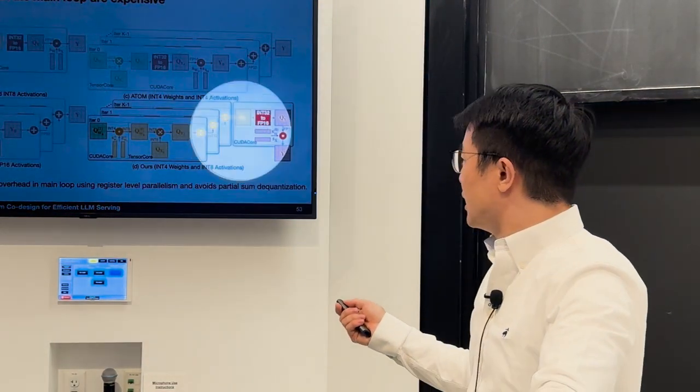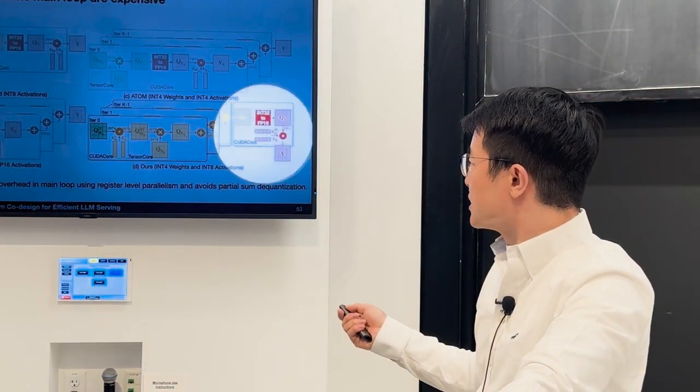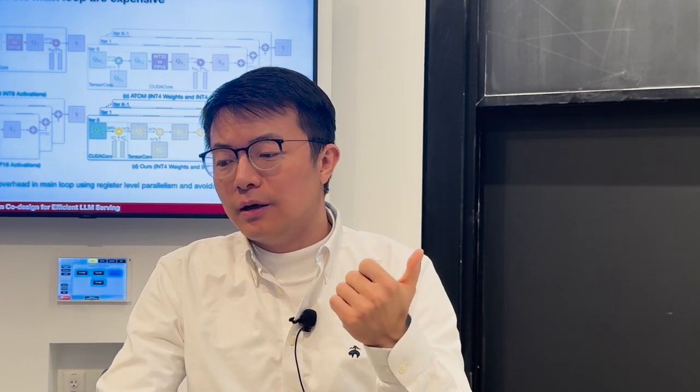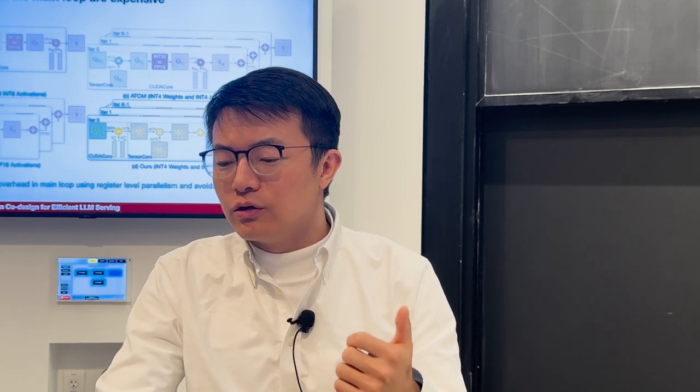Since this is outside the main loop, the processing is much more efficient. So the takeaway here is that you try to do this dequantization not in the main loop, but in the epilogue, and also try to minimize the dequantization of the partial sums, which consume many more registers.